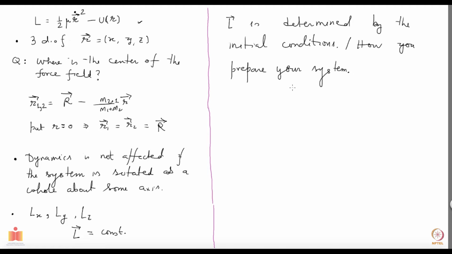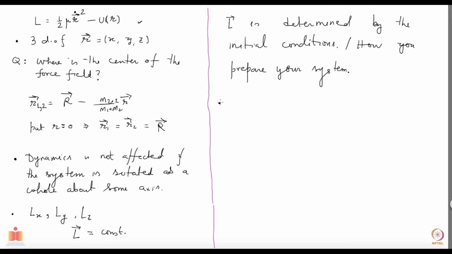I'll give you a simple example to understand this. Let's look at the two body problem. Let's think of both the particles m1 and m2 as being there in front of you. Let's say particle number m1 is located at some place, and you take particle number 2, which interacts with particle number 1 via a central force, meaning the forces depend only on the separation.